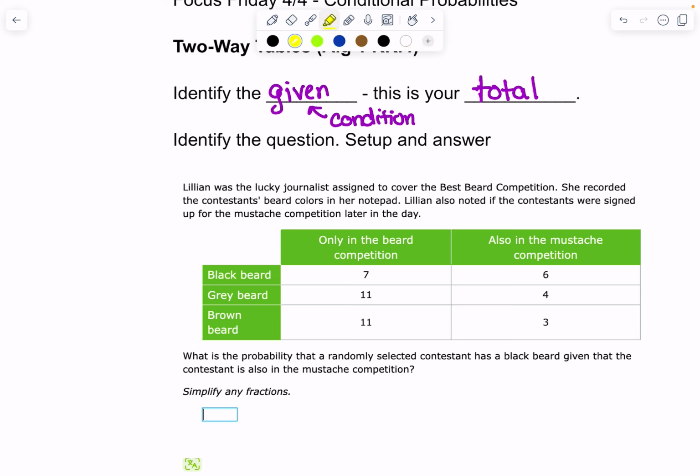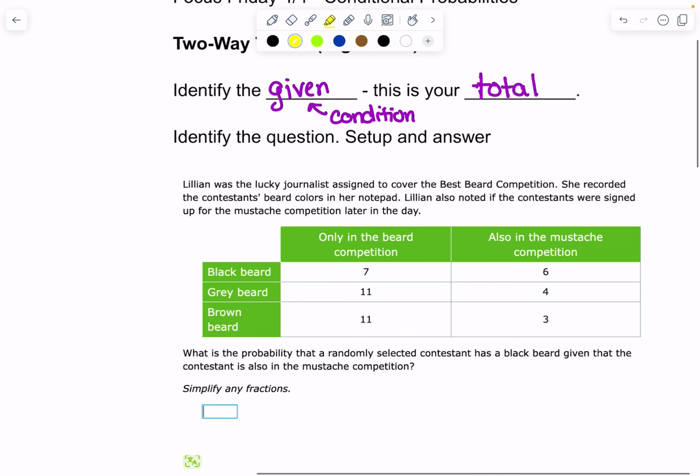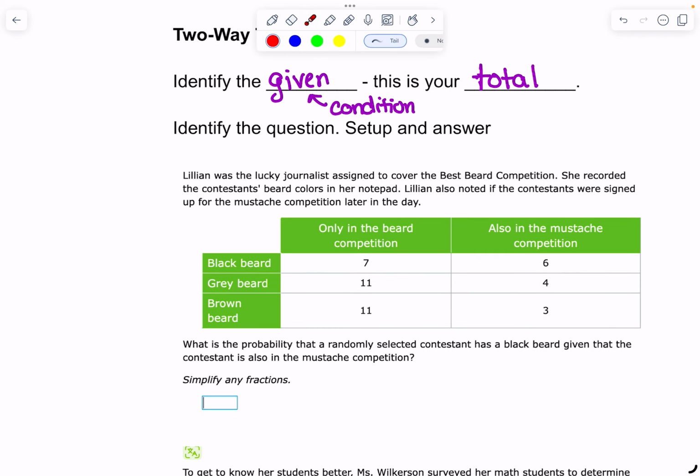So let's take a look at this example from IXL. Lillian was the lucky journalist assigned to cover the best beard competition. She recorded the contestants' beard colors in her notepad. Lillian also noted if the contestants were signed up for the mustache competition later in the day. So looking at our table here, I see over on the left, I have the three different colors of beard.